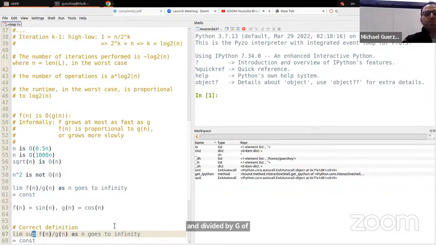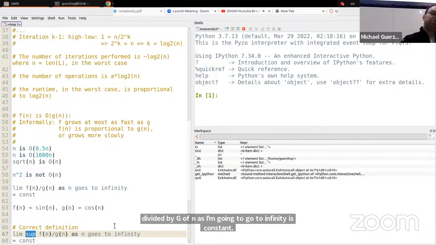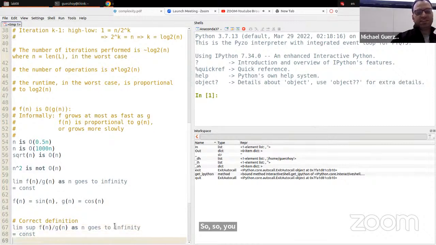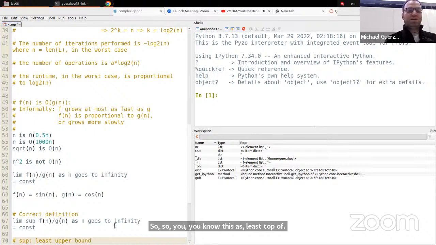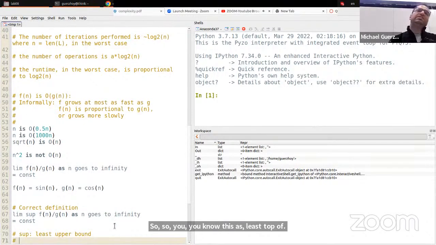Sup, you know this as least upper bound, and you can basically think of it as max.